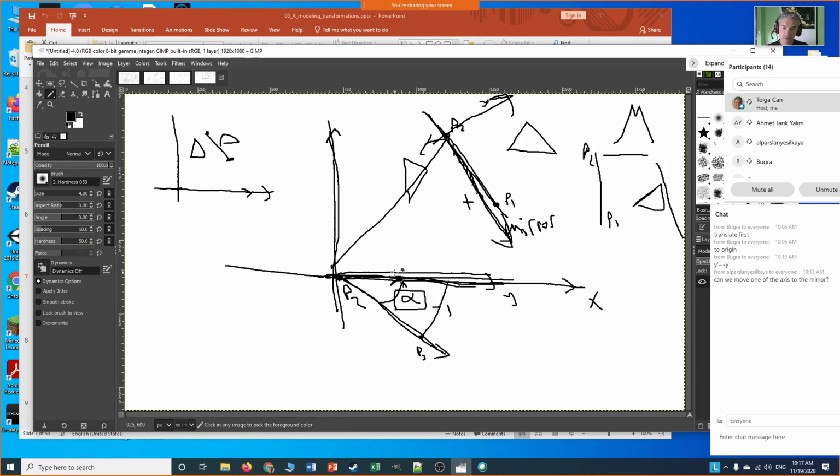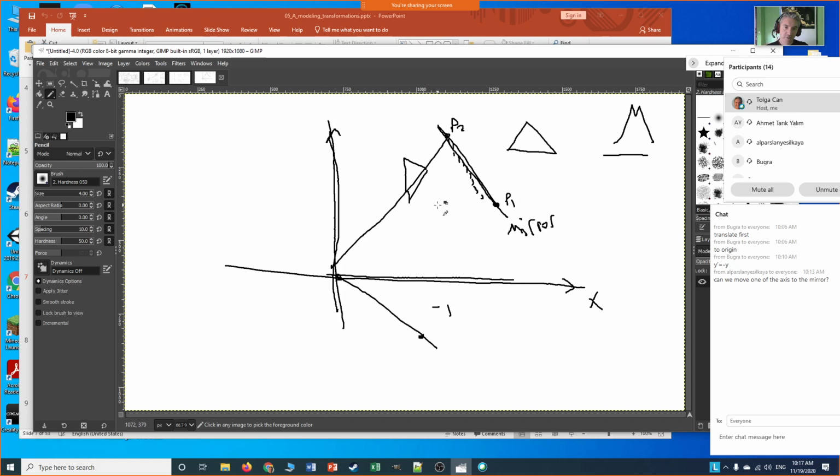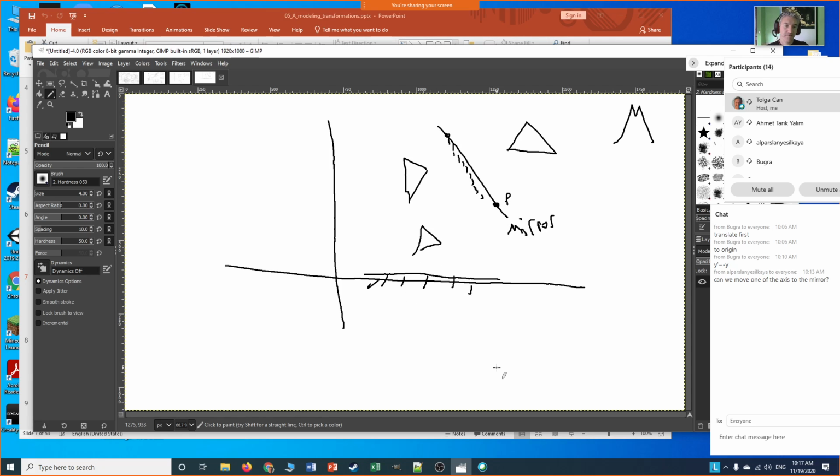If we ask the question in such a way that this is the mirror, this is your triangle, find the reflection, write the transformation matrix to reflect this triangle with respect to this mirror, it would be really easy, right?